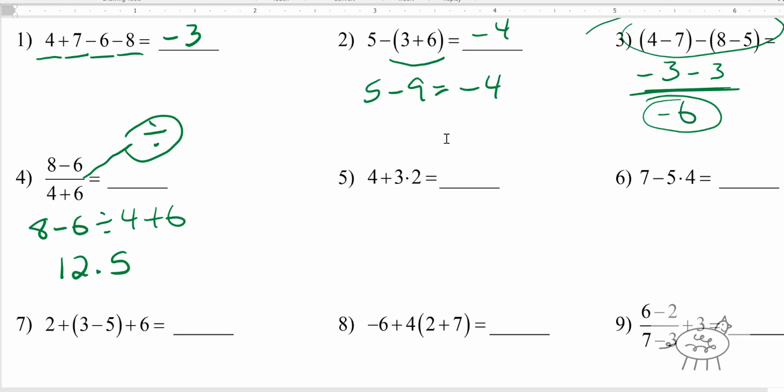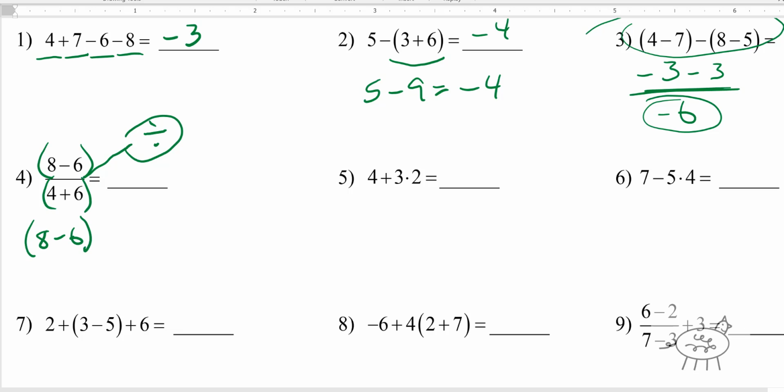Because what you need to do with this, so I'm going to erase this, is you need to put parentheses on the top and parentheses on the bottom. It's really important. So in my calculator: parentheses 8 minus 6 close parenthesis, divided by, parentheses 4 plus 6 close parenthesis.